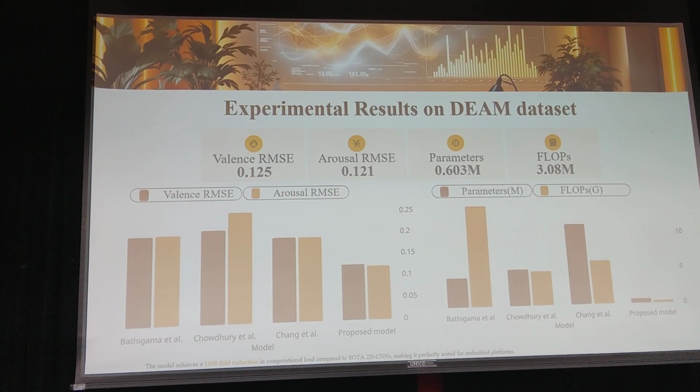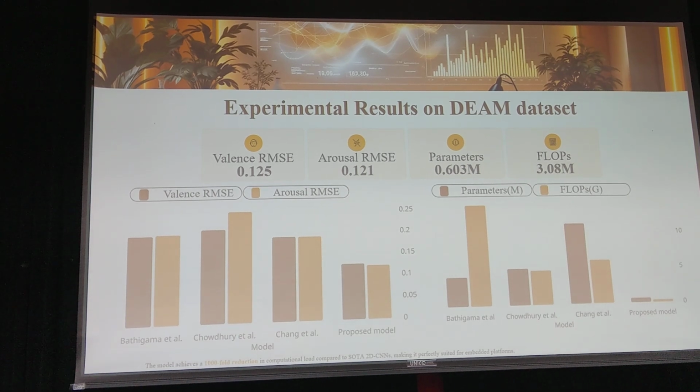As the result table clearly shows, our proposed 1D-CNN and TCN architecture achieves state-of-the-art predictive accuracy on the EAM benchmark, reducing the valence RMSE to 0.125 and the arousal RMSE to 0.121, significantly outperforming the 2D-CNN baseline.